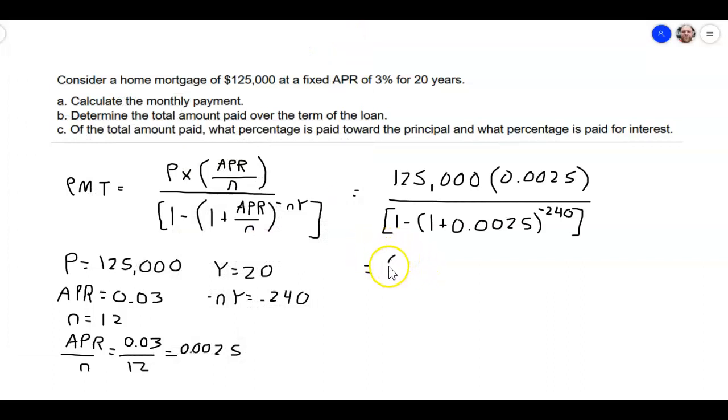So that is $693.25. Okay, so that is the hard part. Now that's part A.